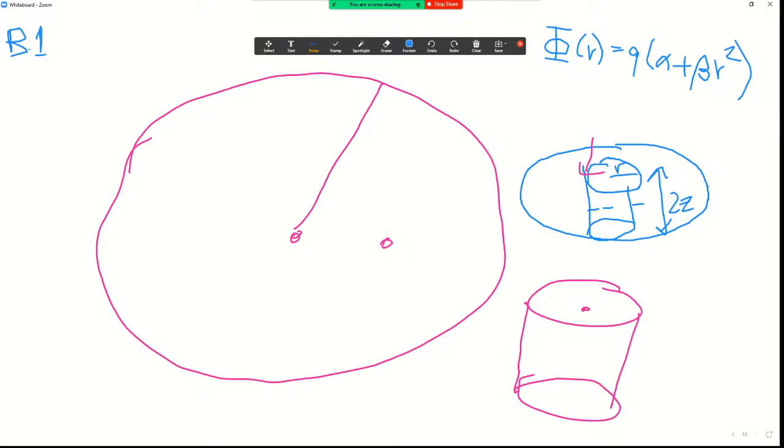Okay. So we have this, but won't it find electric field instead of potential? Oh yeah. Wait.